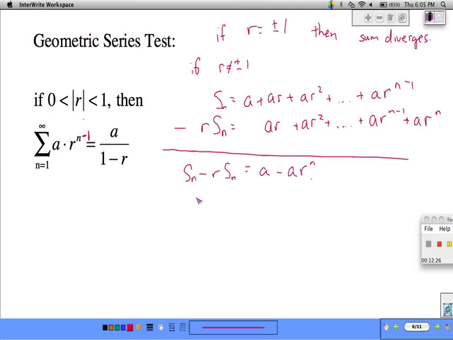And I can manipulate this a little bit to give me the equation s sub n equals a over 1 minus r times 1 minus r to the n.